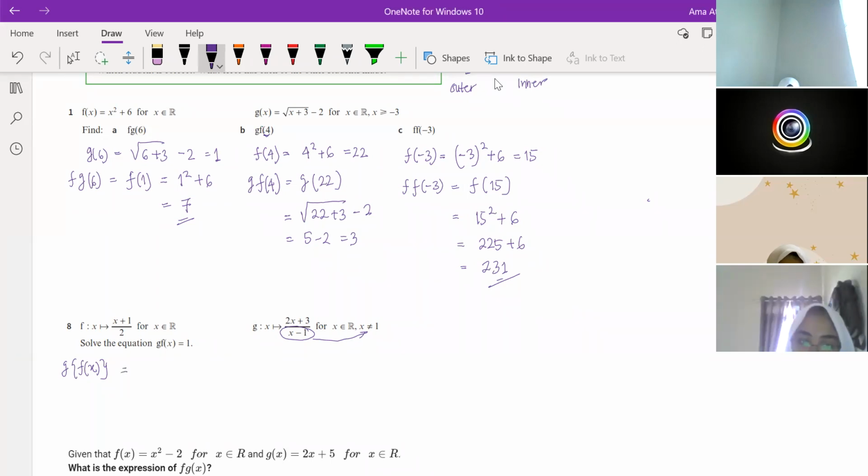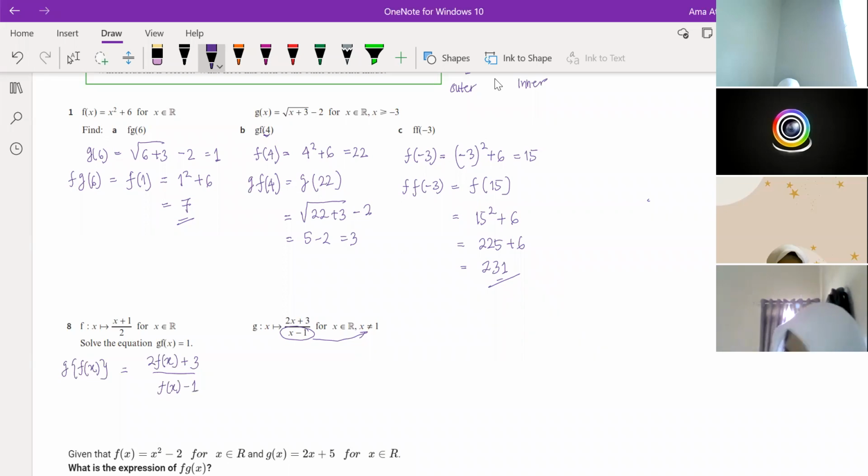So we are going to do substituting now. We are going to substitute f here. So it becomes 2 f of x, because changing x into f of x, plus 3 over f of x minus 1.